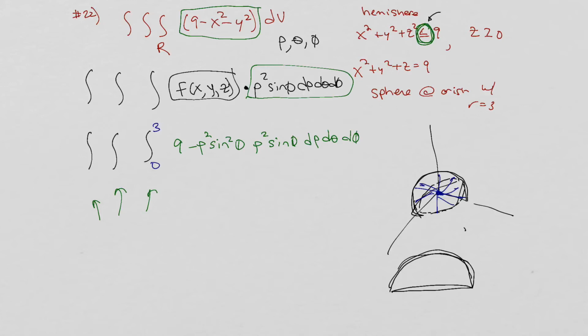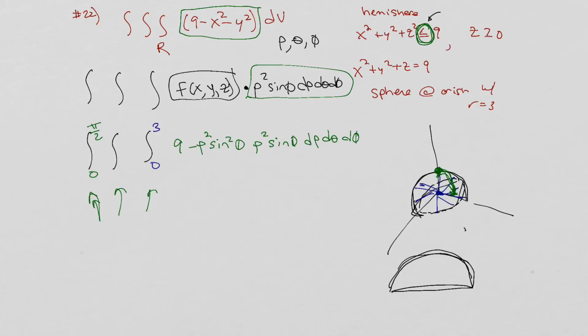Okay. Now let's think about phi for a second. All right, so this integral right here. If I start here on the z-axis, right, at that very top point, I don't have to rotate off of it at all, right? So I don't have to rotate any degrees. So the lower bound for phi is going to be 0. And then if I rotate all the way down to the xy plane, I'm going down an angle of 90 degrees, which is pi over 2.